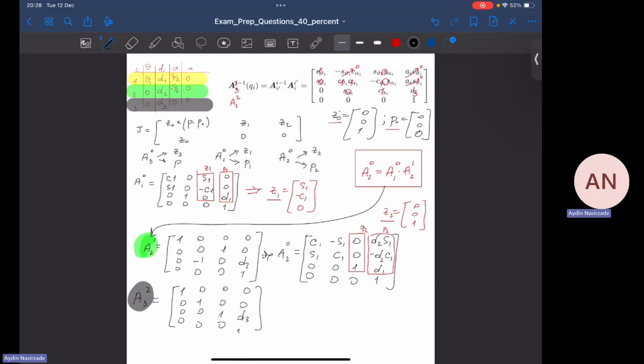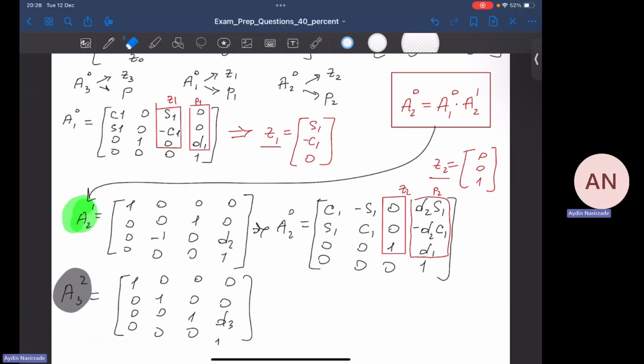Let's try to understand this one, at least for the moment. We have A3 to 2, right? What does that mean? It means that the following matrix shows us how the third frame has been rotated with respect to the second frame. How?